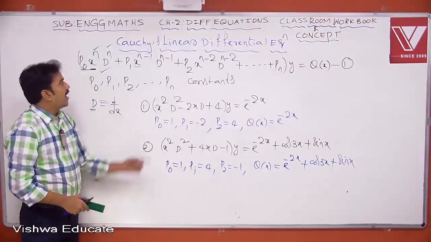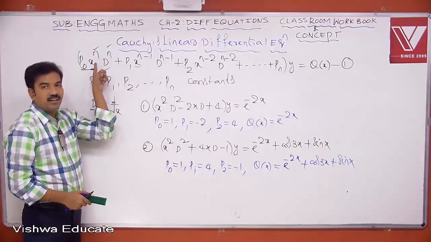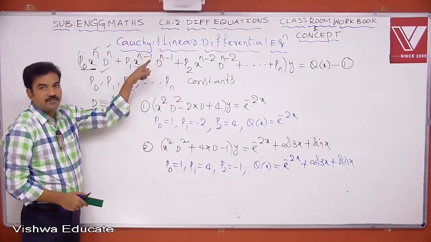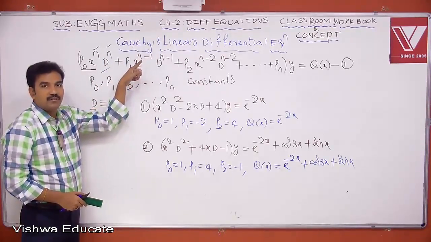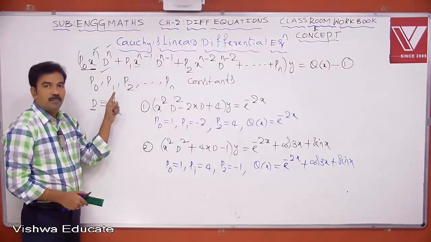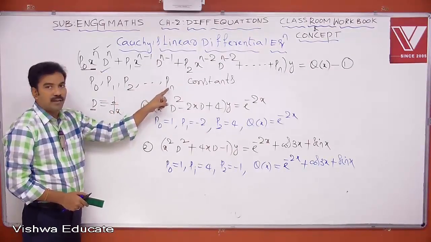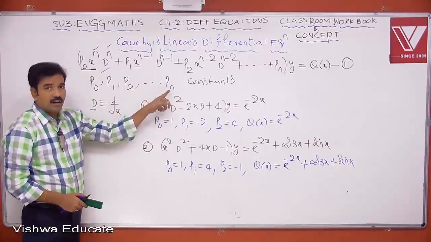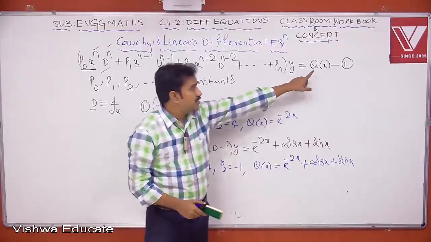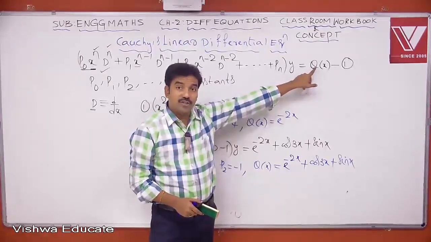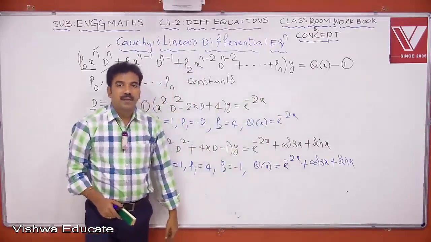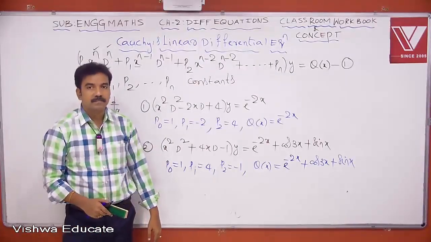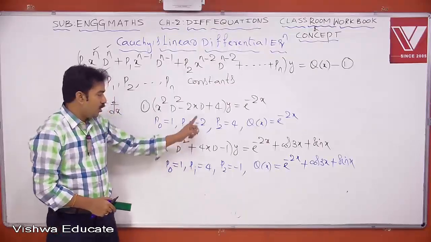It is called an nth order Cauchy's linear equation, where P0, P1, P2 and so on up to Pn are constants, and Q of x is either a constant or a function of x only. Note down these two examples.